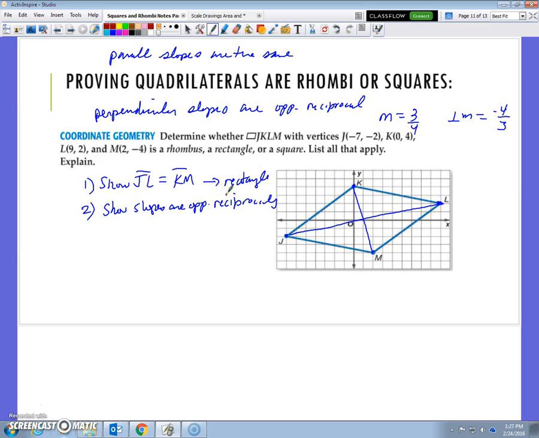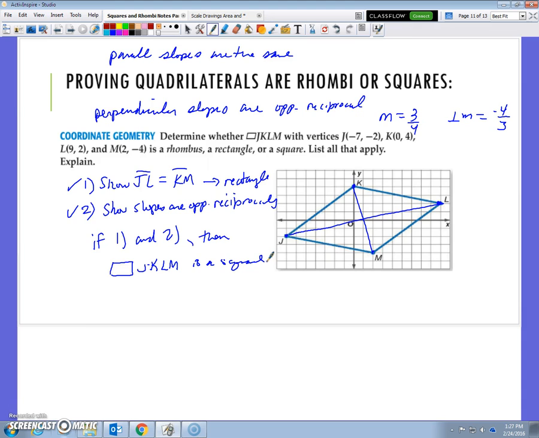If the following 2 are satisfied, then I would know for sure that the parallelogram itself is a square. So if 1 and 2 happen, then parallelogram JKLM is a square. Now I'm not going to work all that out for you because I know we know the distance formula. I know you can do these things.